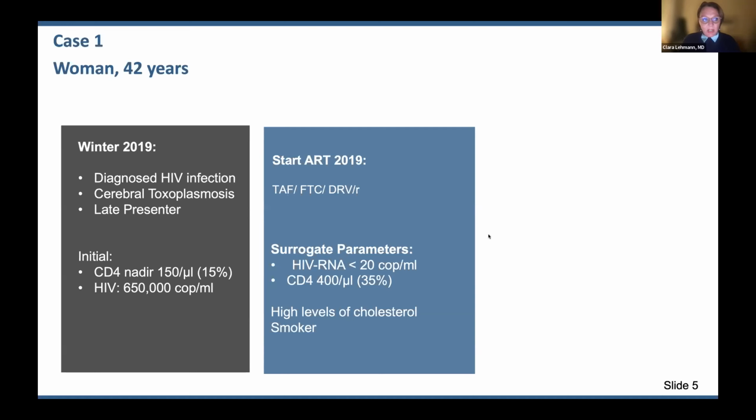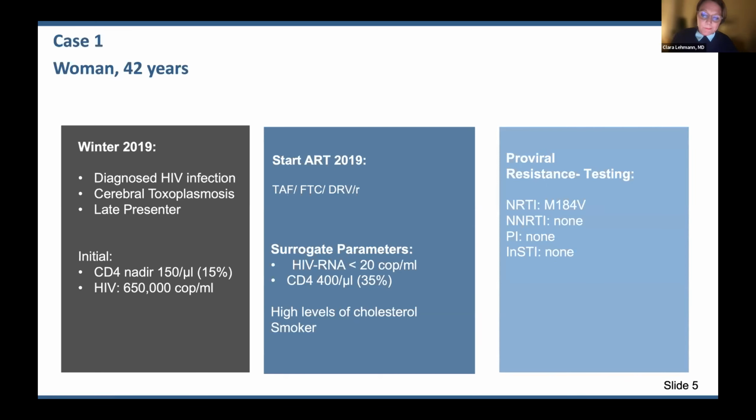As we just discussed earlier, we are not only treating HIV infection, but we also have to take care of other cardiovascular risks. So the question is now what we could do.